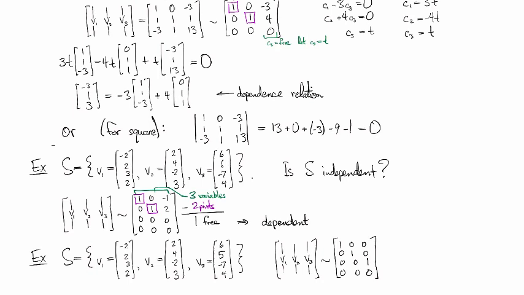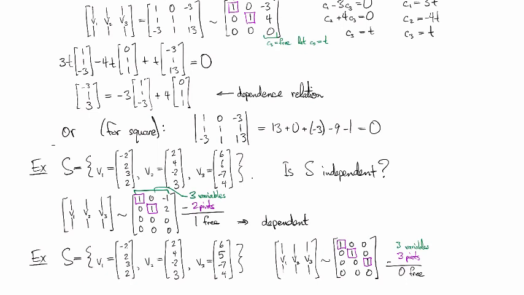Now, in this case, we have 3 pivots, and we still have 3 total variables. And so we get no free variables.